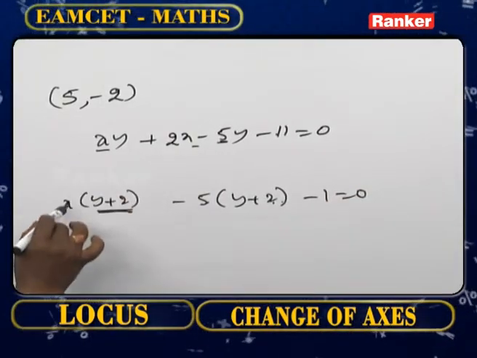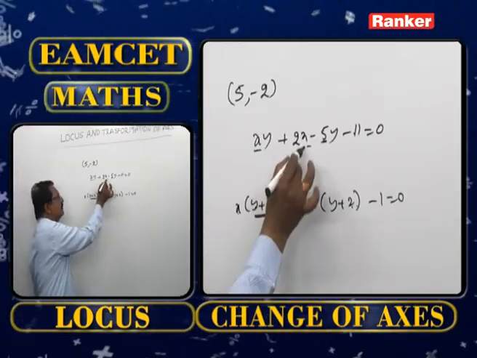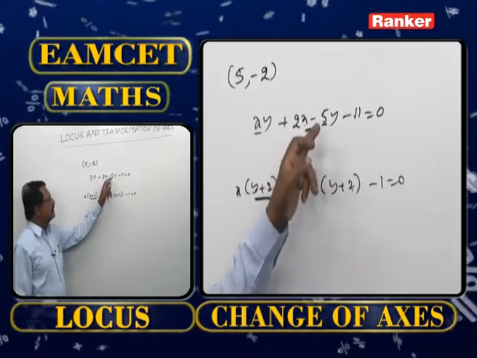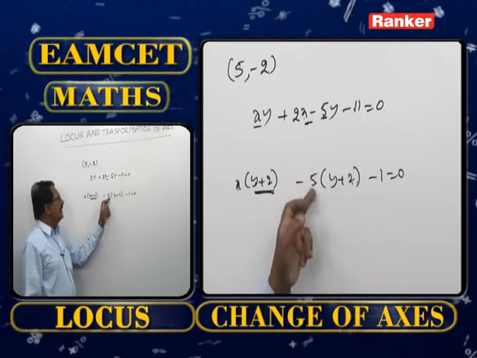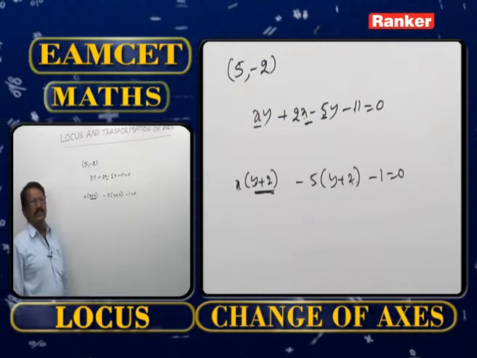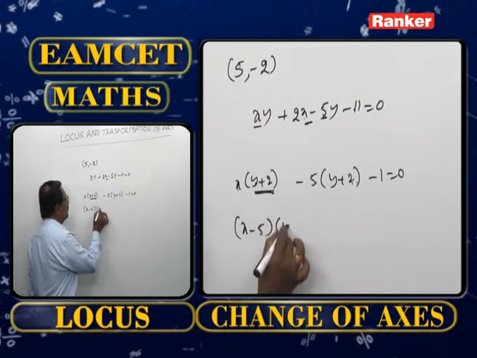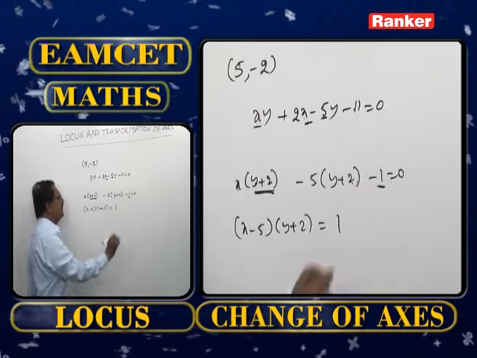Now the complete equation is x(y + 2) - 5(y + 2) - 1 = 0, so (x - 5)(y + 2) = 1, taking -1 to the right side.